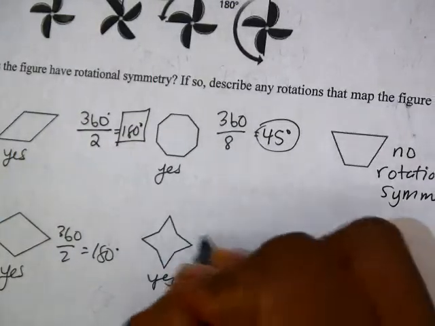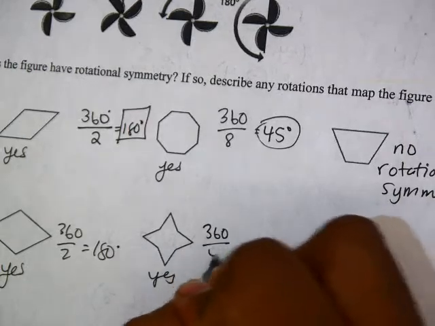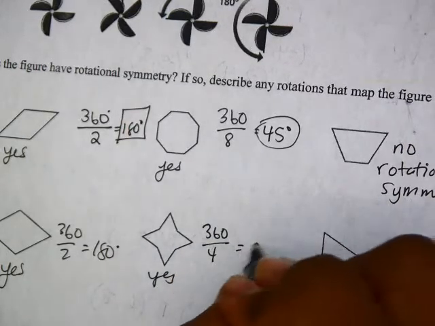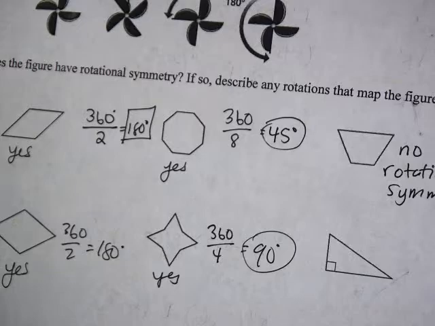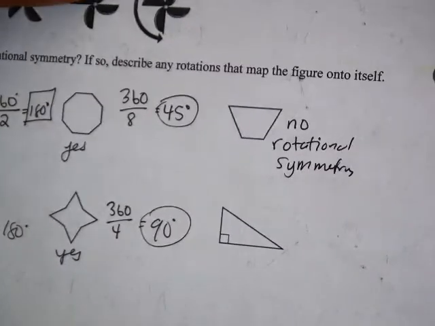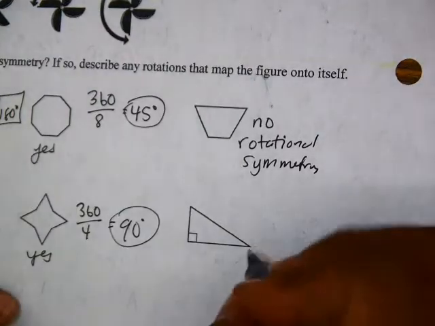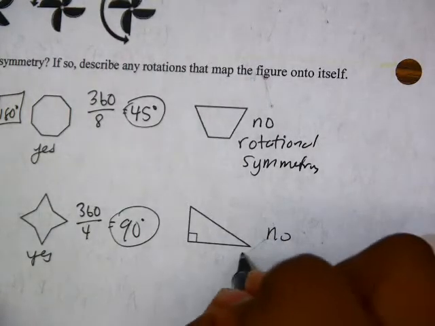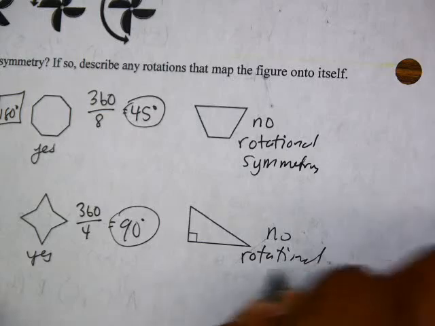So yes, and it's 4 turns, so it has 90 degree rotational symmetry. This triangle, nope, that's not the same, nope, that's not the same, nope. So it only is the same after 360 degrees. That doesn't count, so no rotational symmetry.